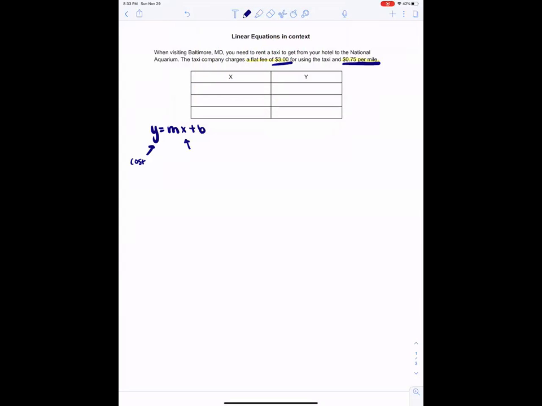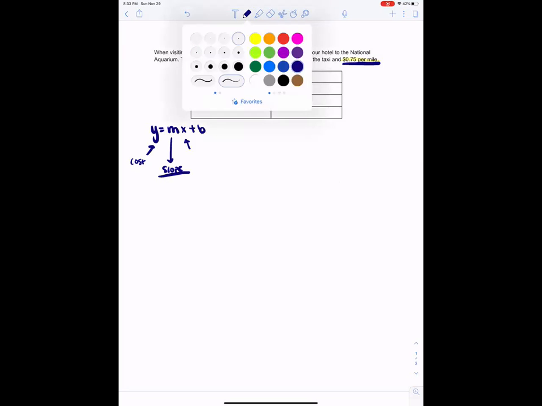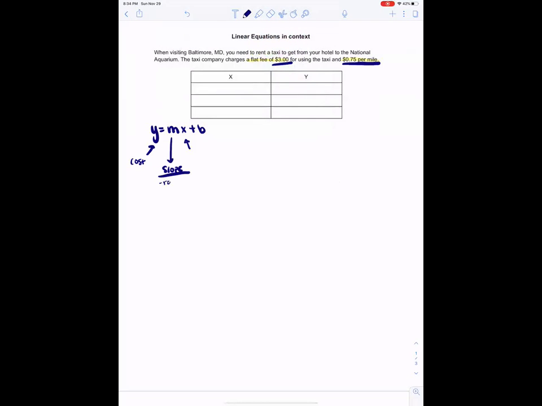If I remember anything from a couple of weeks ago, I know that m is my slope, and that's usually a rate, which uses the word per and signifies a change. That's what a rate is.